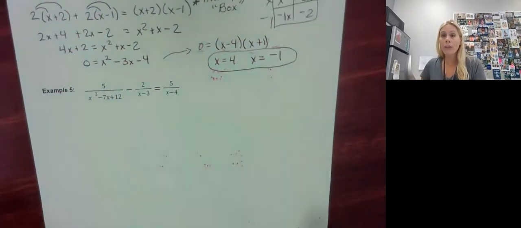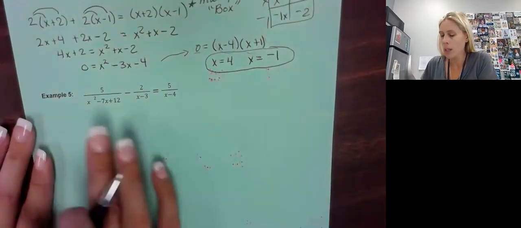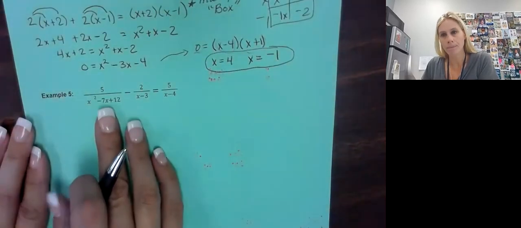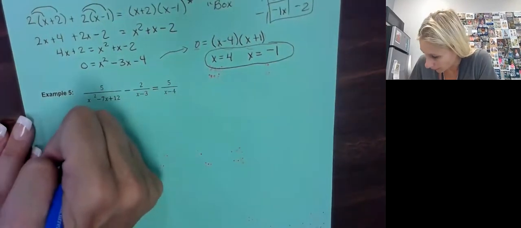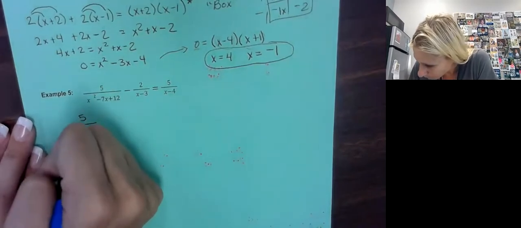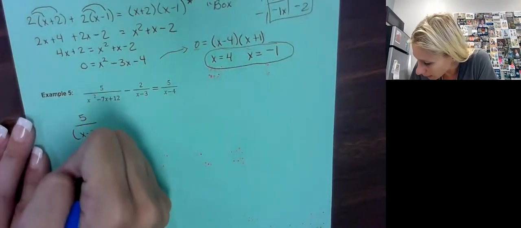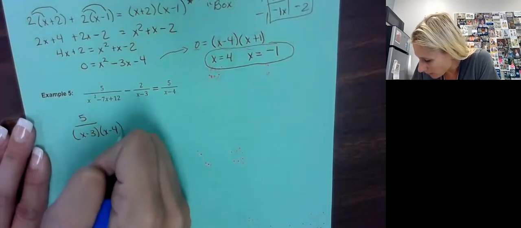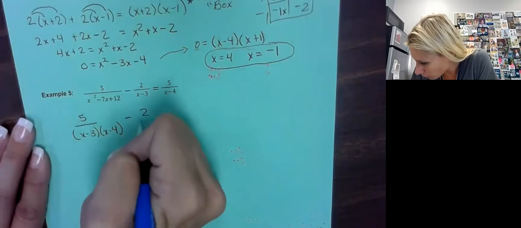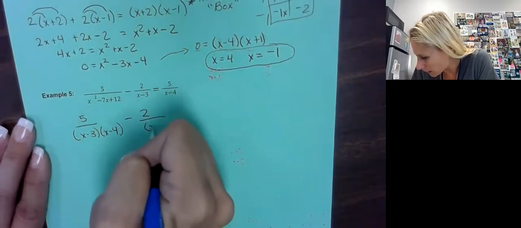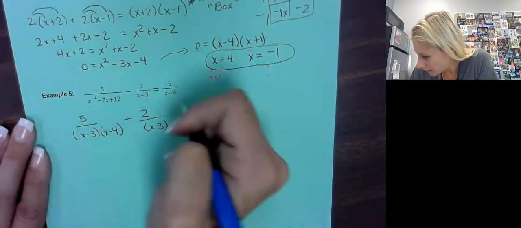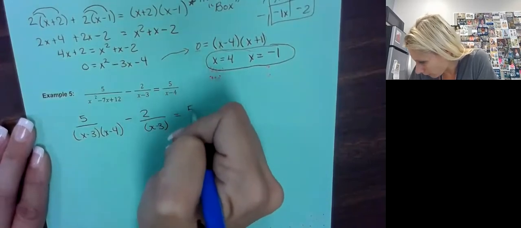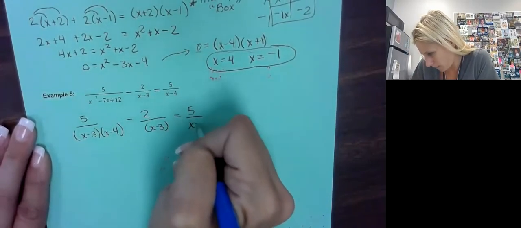All right, hopefully you've paused that video and you checked with me and you're on the right track. We got 1 more to do. What's that first step again? Factor. I'm going to factor quickly. So I get x minus 3 times x minus 4 minus 2 times x minus 3 equals 5 over x minus 4.